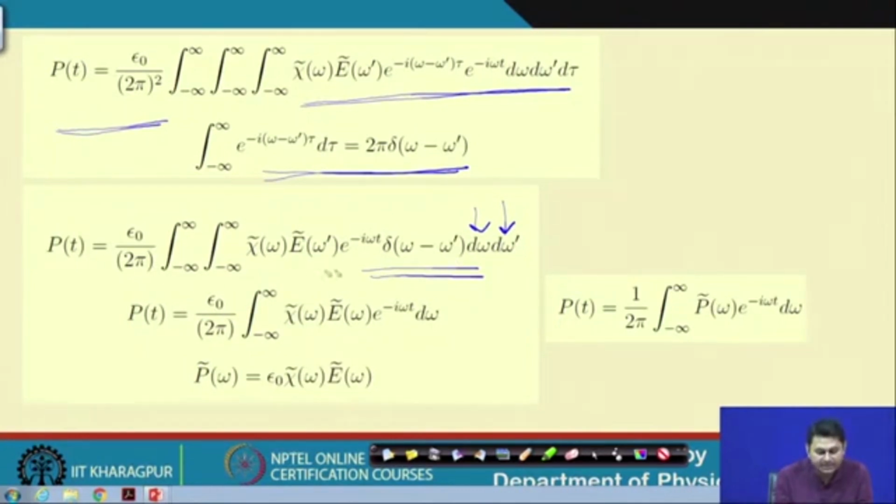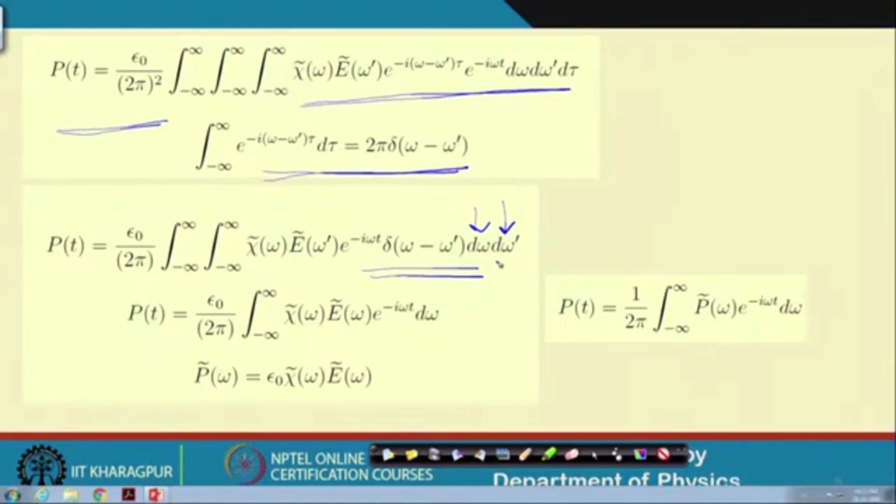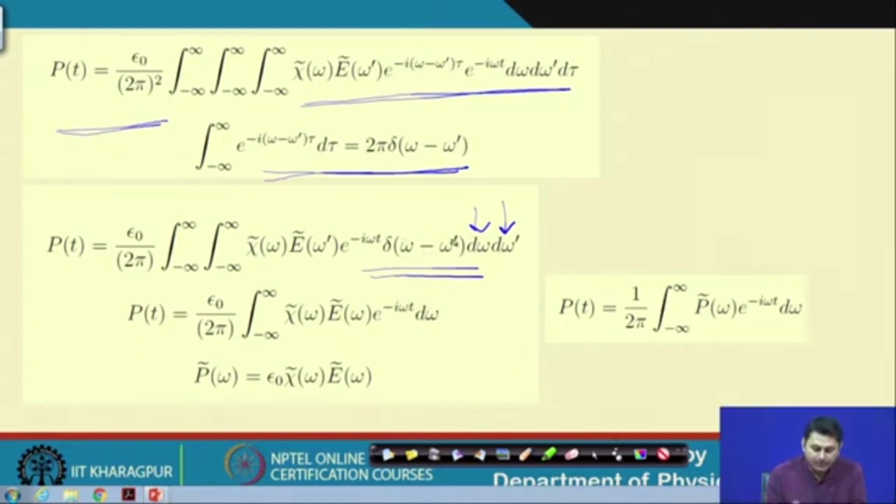Now, if I integrate this over, say, d omega prime, this delta function makes the system simple. Only when omega is equal to omega prime.